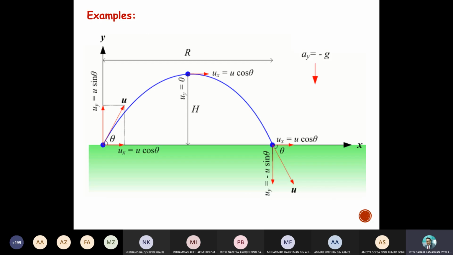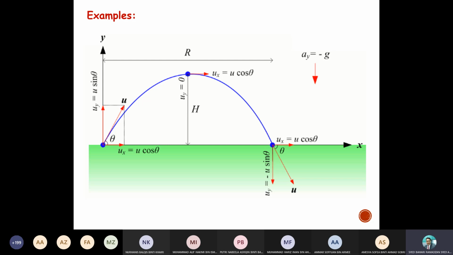You have the initial velocity, which is general, but you also have the velocity in the y direction and the velocity in the x direction, the vertical and the horizontal velocity.